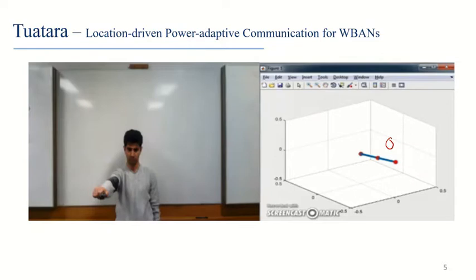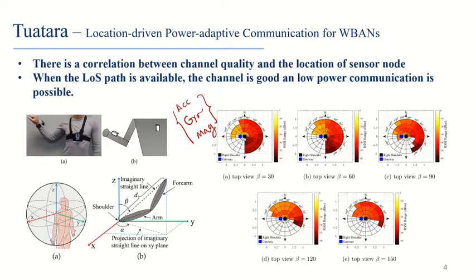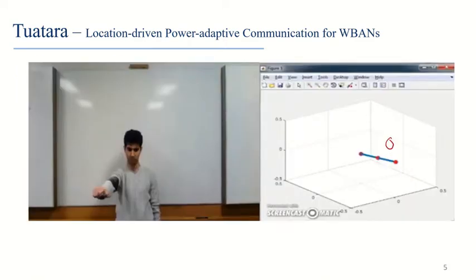So we developed another idea. As I said in the previous slide, the second observation says a small change in the location of the sensor node doesn't make a big change in the channel quality usually. I mean, the channel quality is not subject to a big change because of a few centimeters of movement.